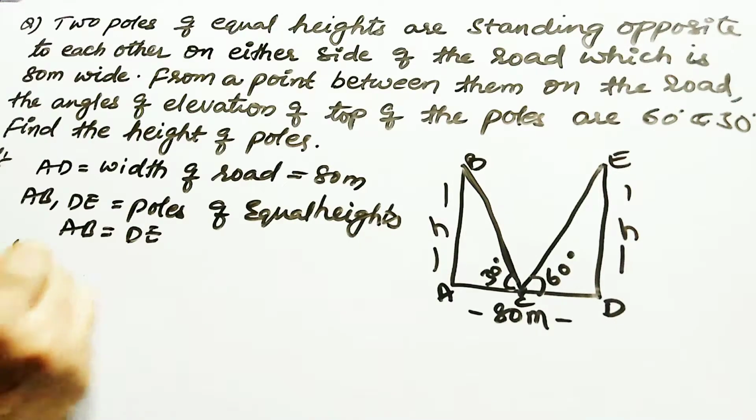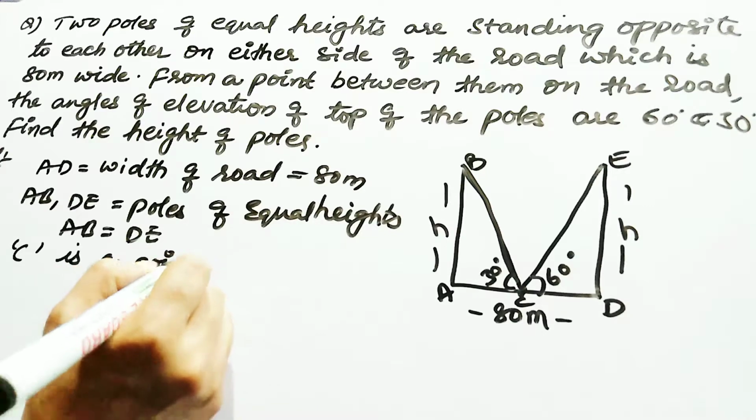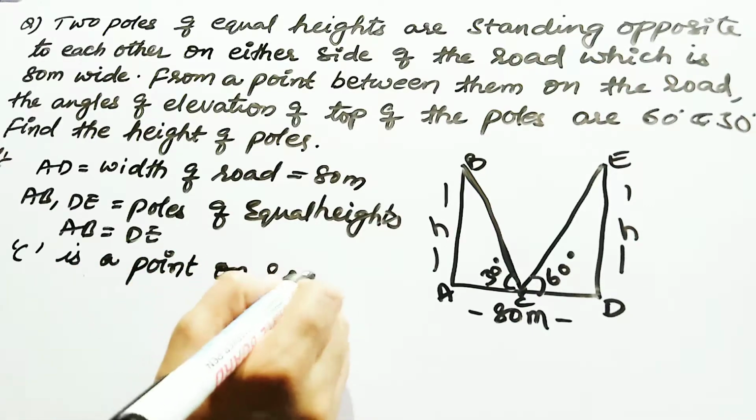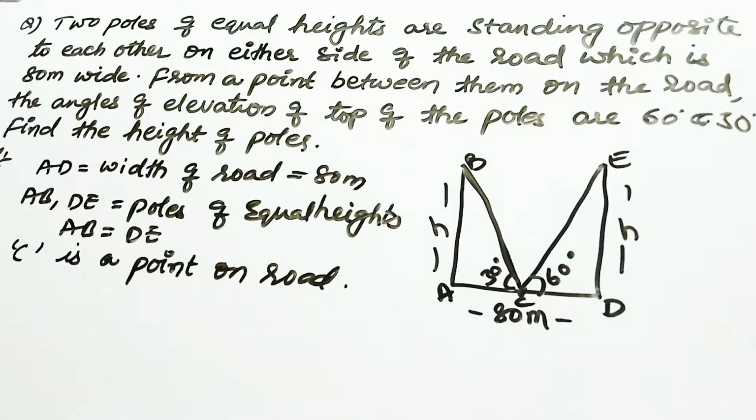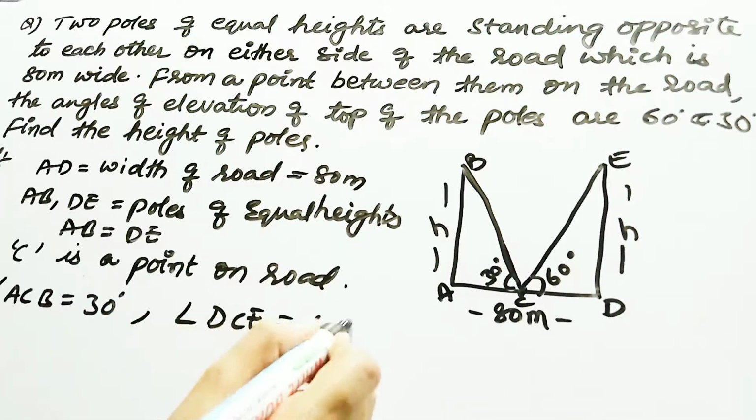And C is a point on the road. We have been given one point on the road as C. So what is your angle ACB? That is 30 degree. What is your angle DCE? It is 60 degree.